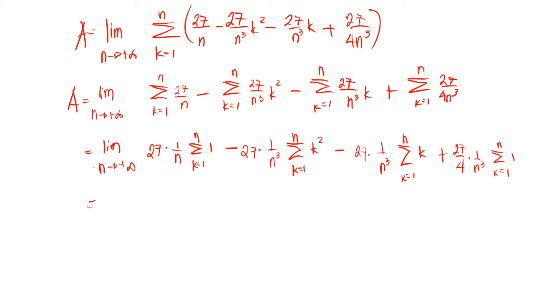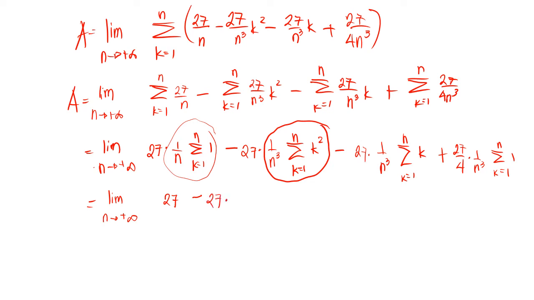Okay? Limit ng n approaches positive infinity. Ito na. I-apply natin yung apat na formula na sinabi ko. Ito ay magiging equal yan sa 1. So, 27 yan. Minus. Ito ay magiging equal sa 1/3. Diba? Ito yung actually yung formula natin kanina, yung example natin na nauna.